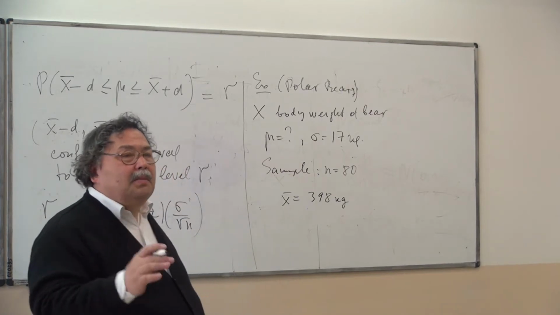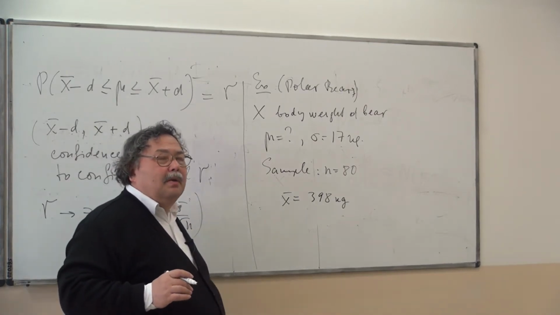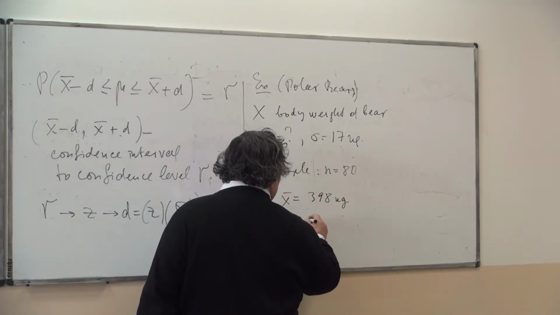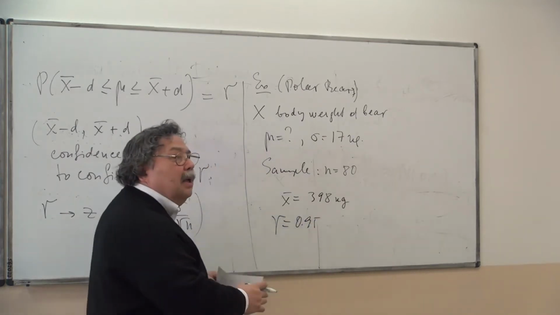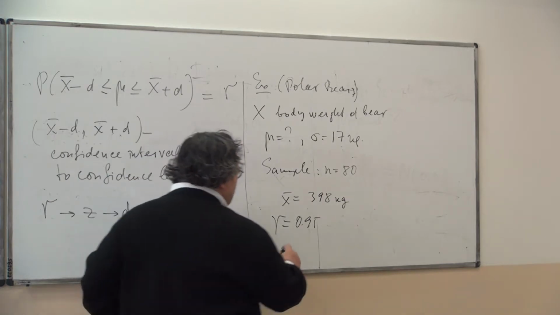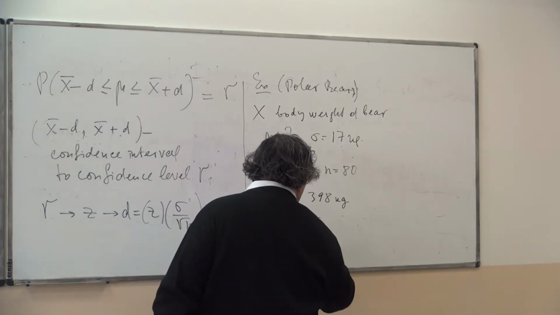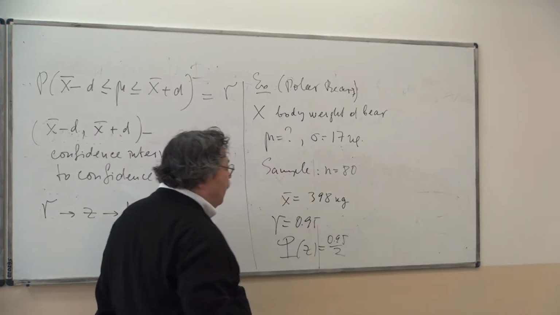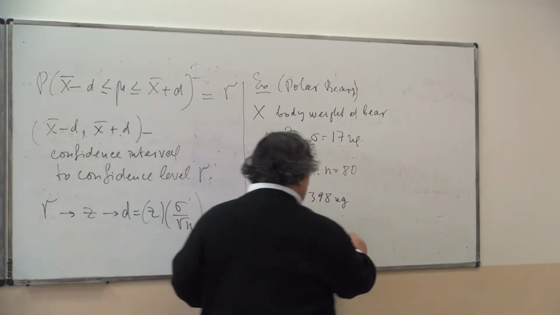And now let's construct a confidence interval. Let's accept the most common value for gamma. Gamma is 0.95. And now let's solve this equation.